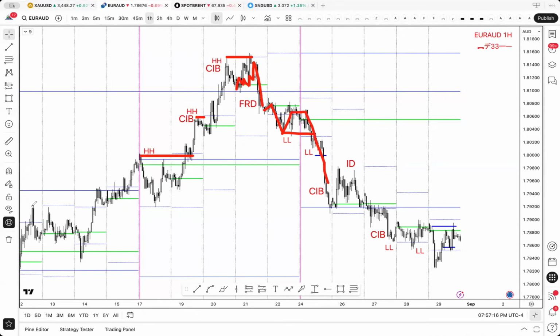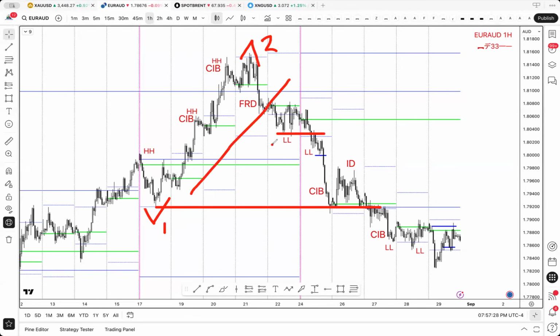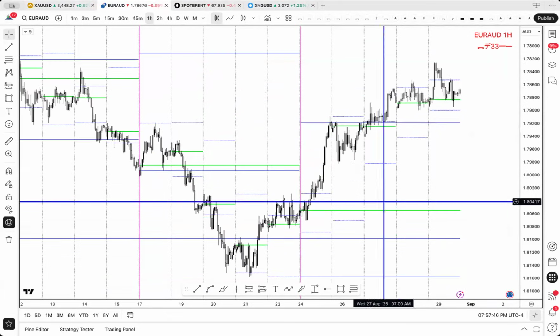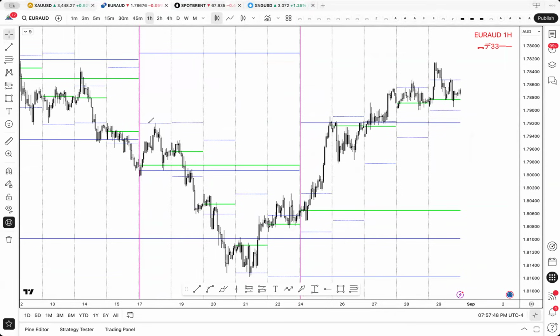All this was just one big old 1, 2, 3. Remember, it does not matter. Everything is either a pump, coil, dump or, if I reverse this, dump, coil, pump.